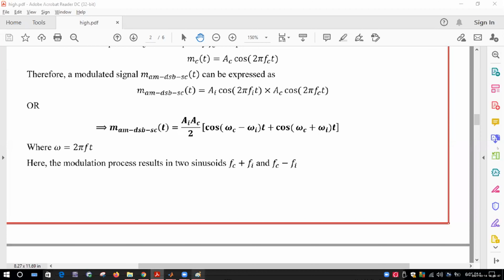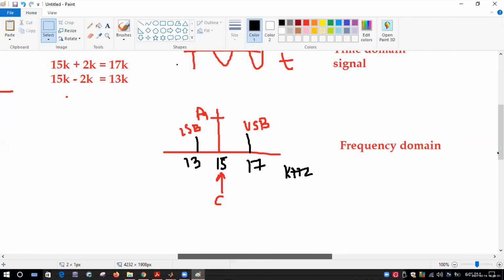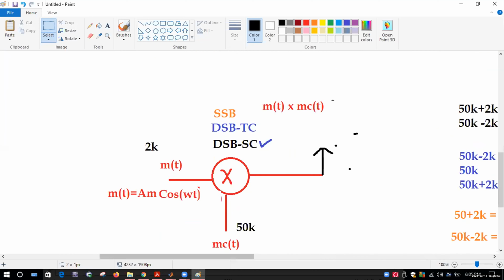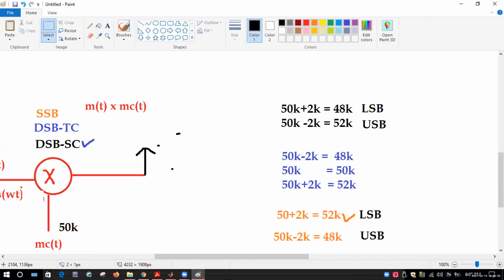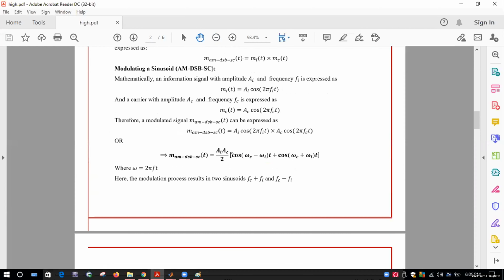Do you remember this, which I showed you before? Carrier plus information signal, carrier minus information signal, right? This is the same thing. But the amplitude goes AI times AC over 2. This is the mathematical representation of a double sideband modulator.